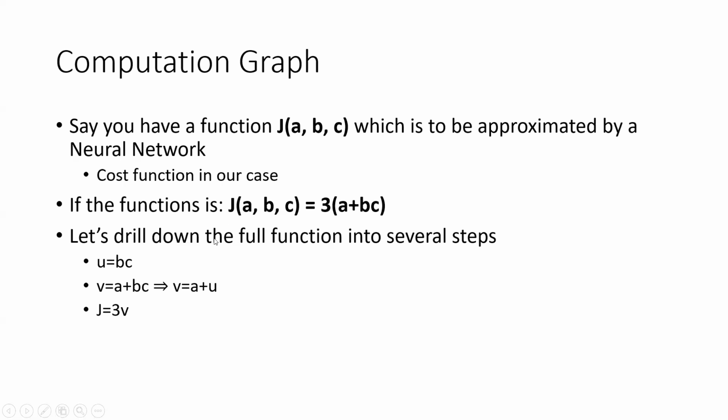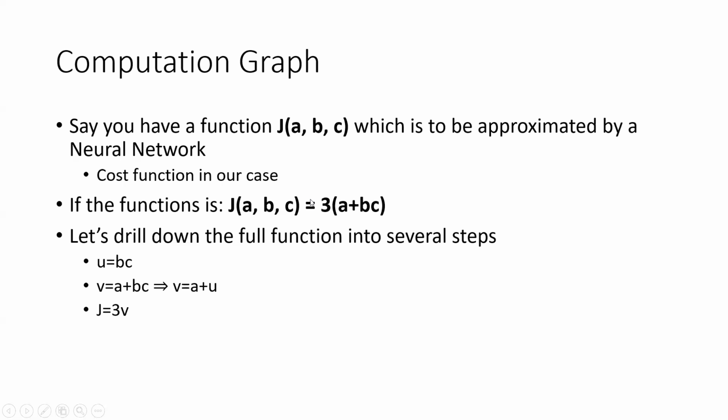In order to get the J value, you have to multiply a plus bc by 3. a plus bc is actually v. So v times 3 is the J value.